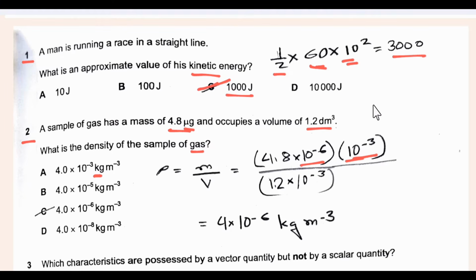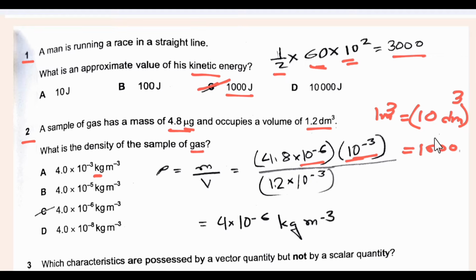We know that 1 meter is equal to 10 dm. So 1 meter cube is equal to 10 to the power 3 dm cube, that is 1000. So 1000 dm cube is equal to 1 m cube.